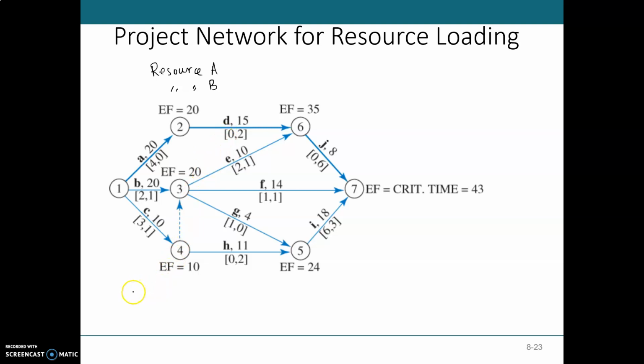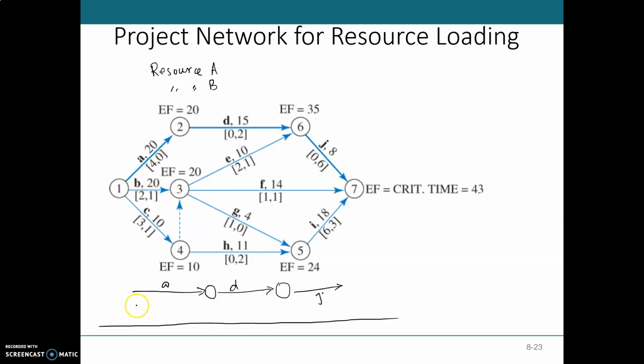So we can draw A, D and J on a line on some horizontal scale over here. And then B is also simultaneous to A, so B we can draw.